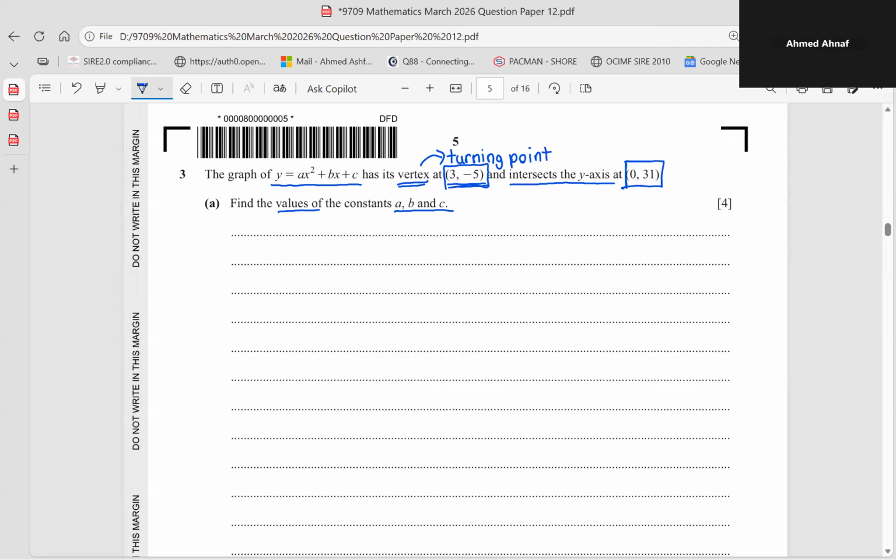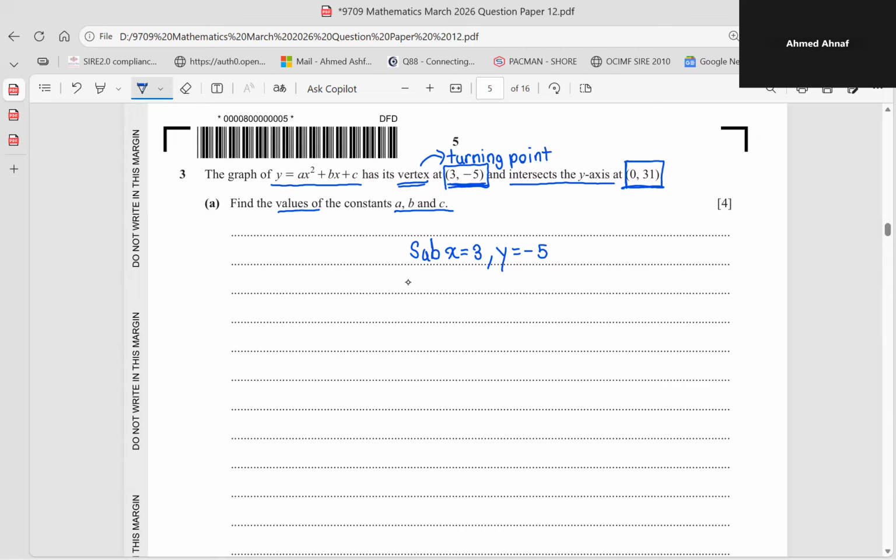First things first, obviously we are going to have to substitute all the coordinates that we see here into the generic equation. So we're going to first substitute x equals 3 and y equals -5, from the first point.